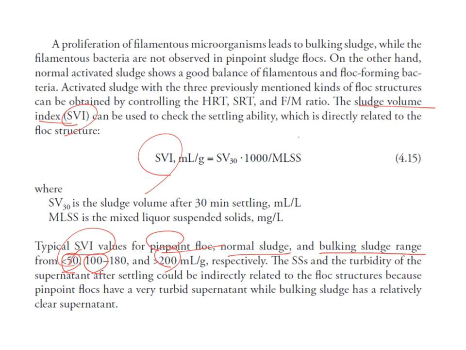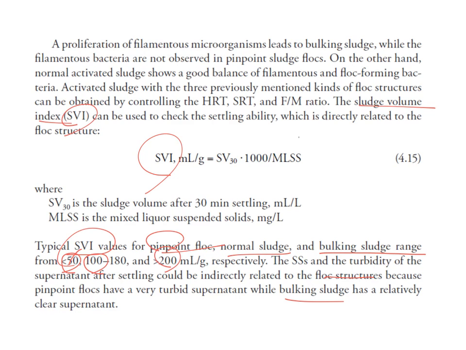The turbidity of the supernatant after settling could be indirectly related to the flock structure, because pinpoint flock has a very turbid supernatant, while normal sludge has a relatively clear supernatant.